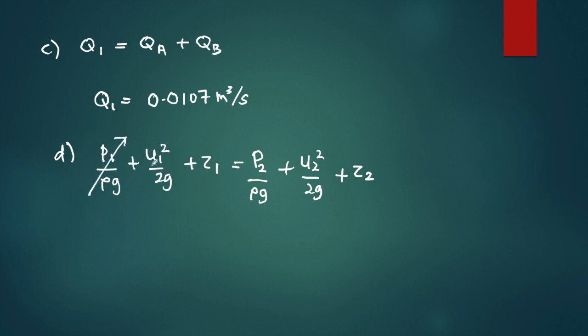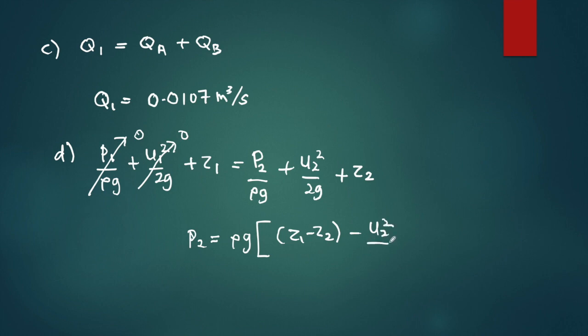P1 is P at the atmosphere, U1 is 0, and that's all. So rearranging the equation, we get P2 equal to rho g times Z1 minus Z2, minus U2 square over 2g.